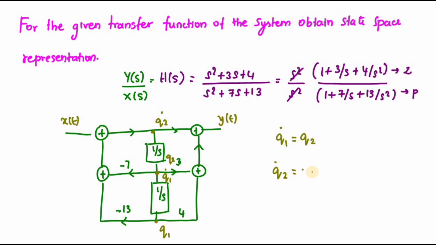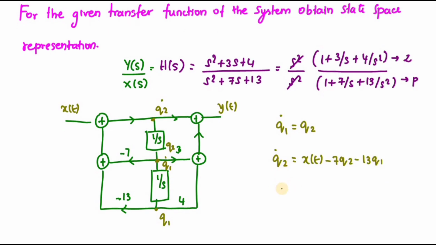So q2 dot is nothing but x(t) minus 7 q2 minus 13 q1.